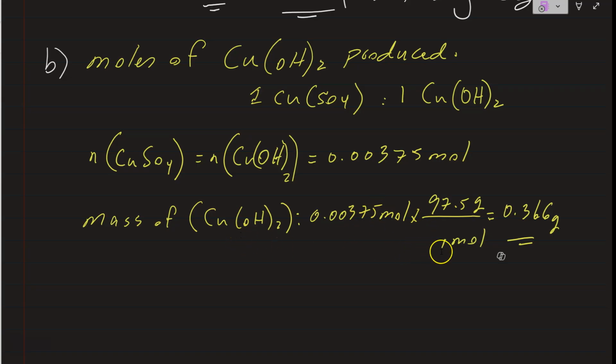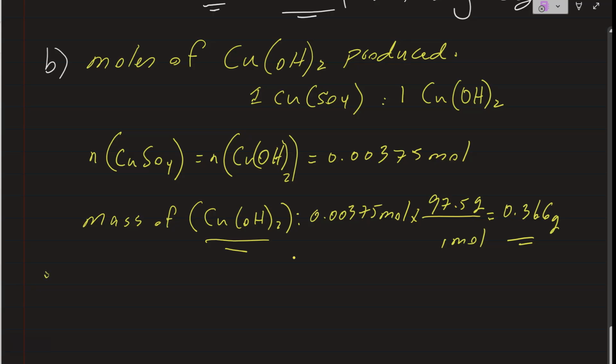You multiply it by the ratio 1 mole to 97.5 gram. That is the molar mass, gram per mole, of the copper hydroxide. Know how to do this, by the way: 97.5 gram is just the molar mass. You just have to use the periodic table, add, and make sure that you know how to do that. And then the answer will be 0.366 gram. That's the mass of copper hydroxide.